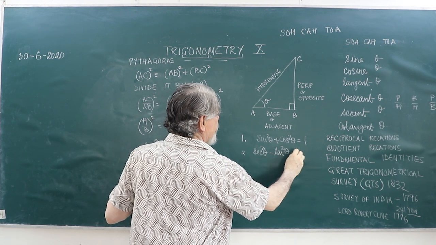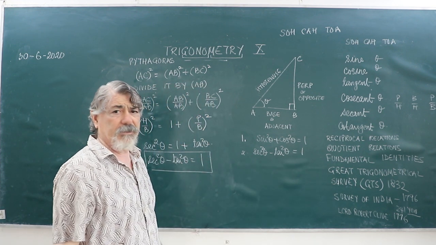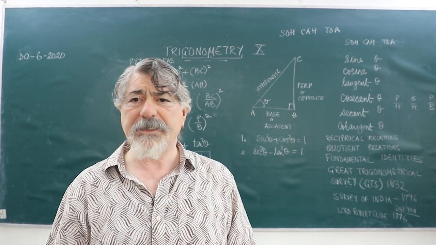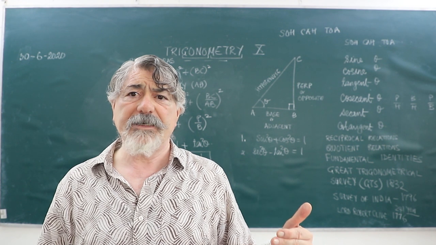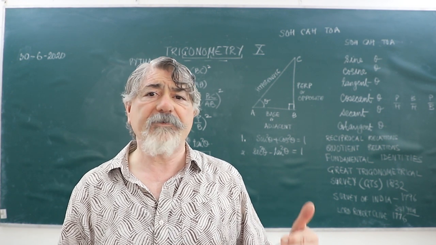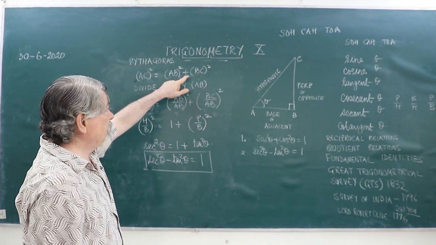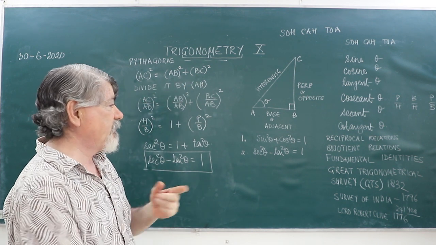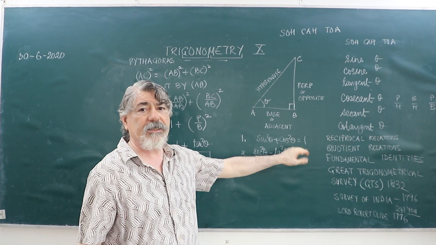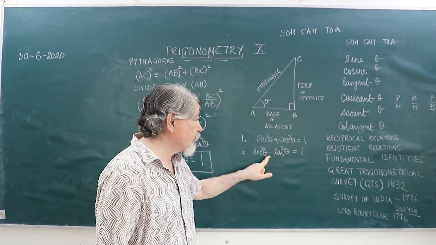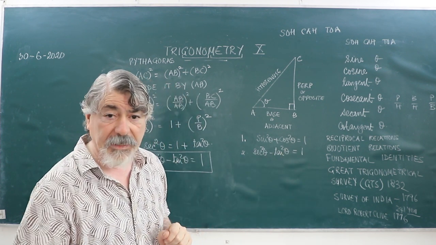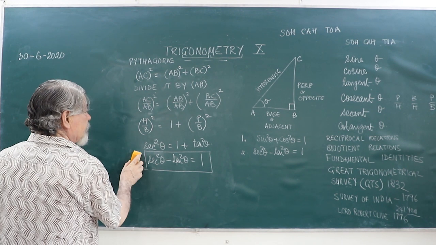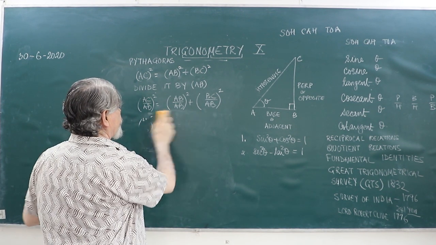And there is nothing to remember or mug up. I wrote Pythagoras Theorem, then I divided first by AC, then I divided by AB, and then I'll divide it by BC now. And I've got two relations already. Sin square theta plus cos square theta is equal to 1. I have got sec square theta minus tan square theta as 1. Now let me take the third relation.